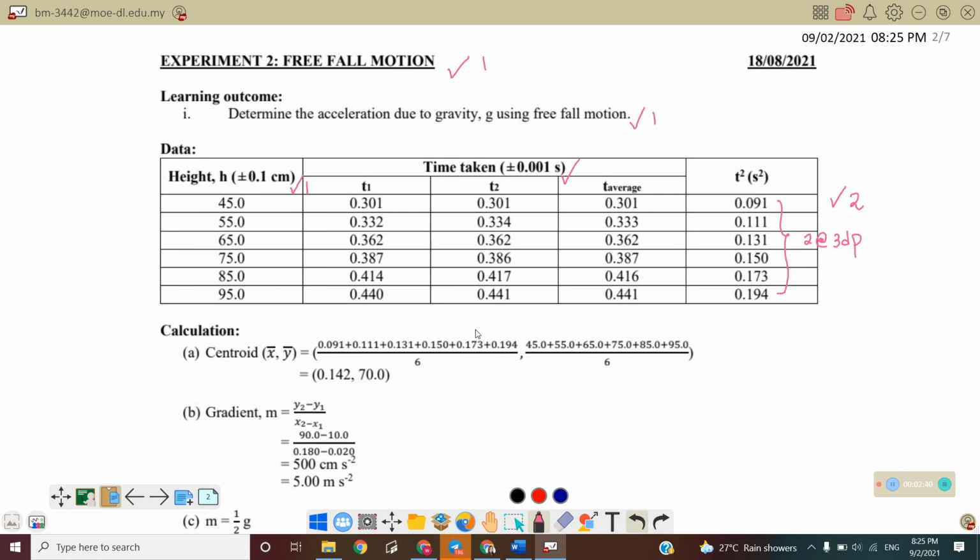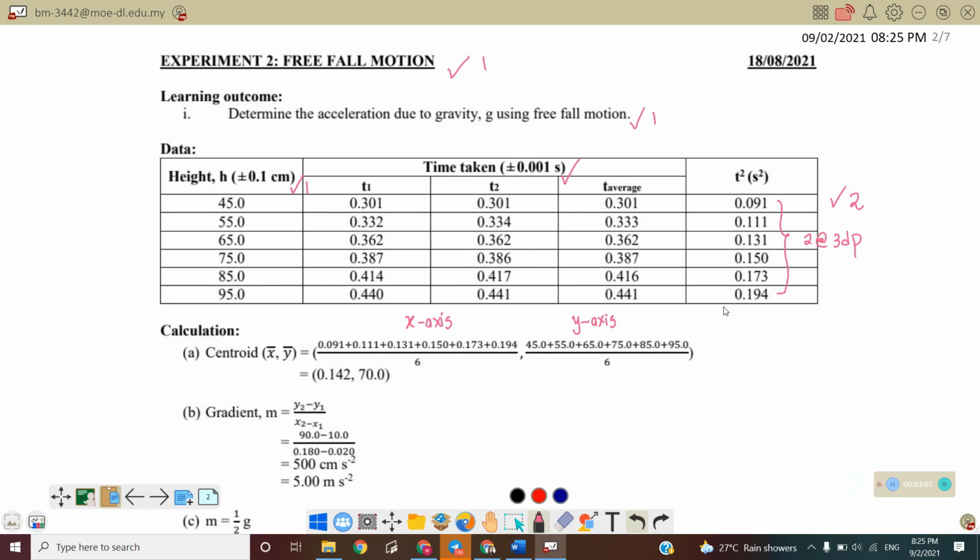Next we must refer back to the calculation part. For the calculation part, first we should find the centroid. We take all the values where we plot H versus T squared, meaning T squared is our x-axis and H is our y-axis, or y component.